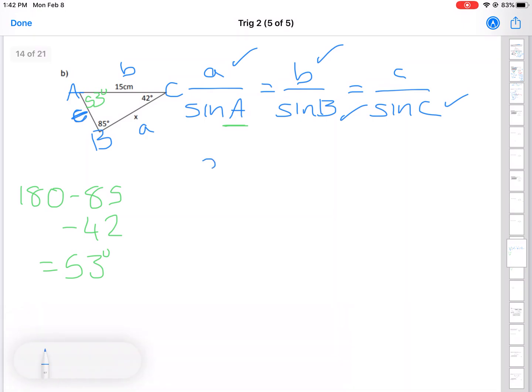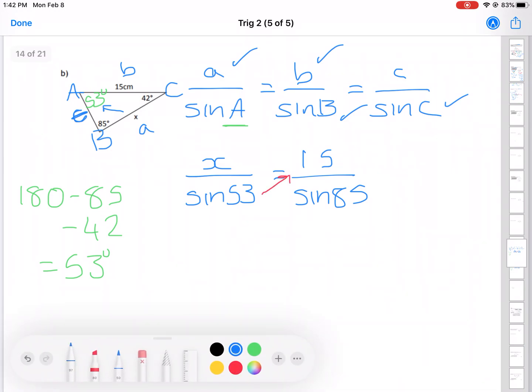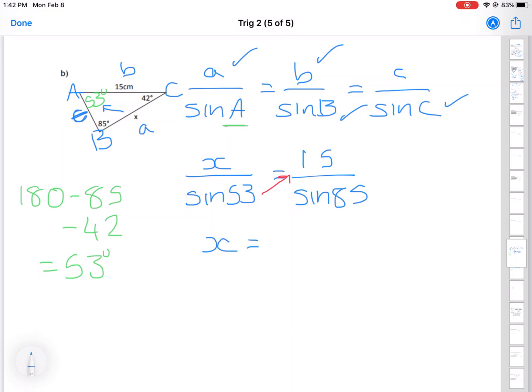So A is actually side x, which is sine over the angle which corresponds to that, I've just calculated as 53. Side B is 15 over sine of angle B, which is 85. Now remember from doing these a few periods ago, we can multiply the sine 53 up to the top of the fraction on the right hand side. So x is 15 times sine 53 all over sine 85.